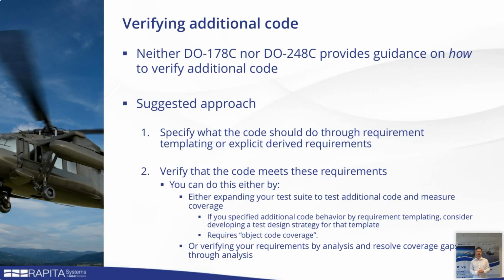The two approaches are requirements templating or adding explicit derived requirements. I should explain what I mean by requirements templating. That's not a standard technique, but the idea is to start writing requirements from a template that can include language that will automatically cause you to generate tests that test the extra untraceable code.